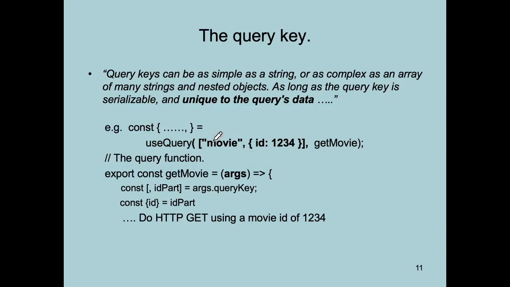I've just arbitrarily said I'm going to store the key as an array. It's going to be serialized at the end of the day, but it's an array. There's a static part of the array, the first entry. That tells me that this key, when I see it in the cache, relates to a movie. And then there's the dynamic part, which will be the movie's ID. So that's actually my key in this case.